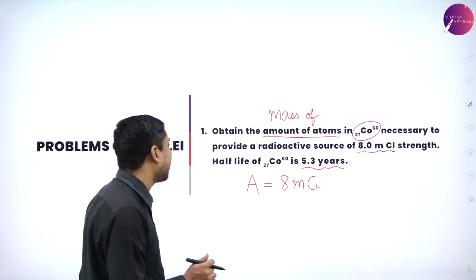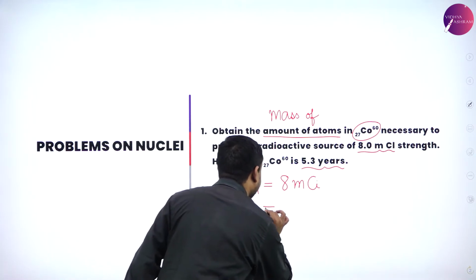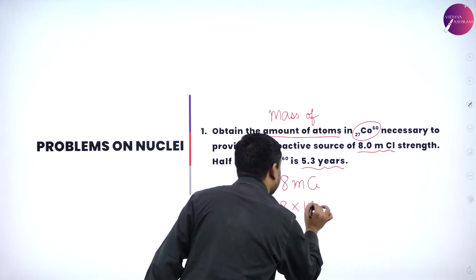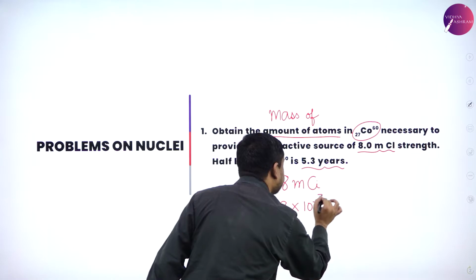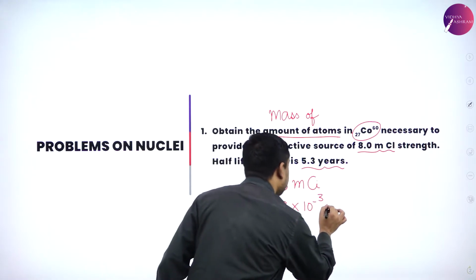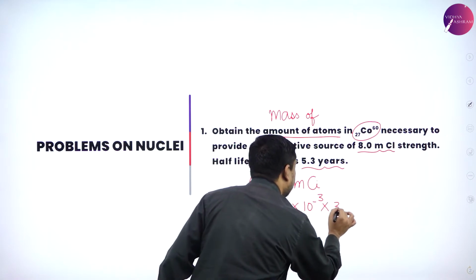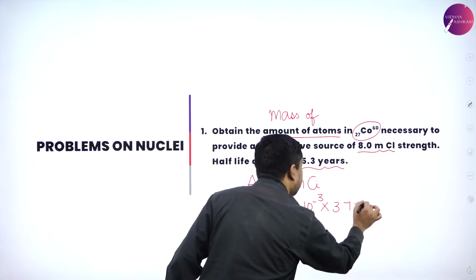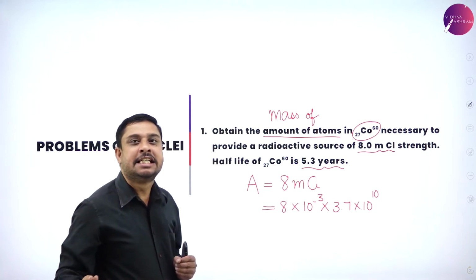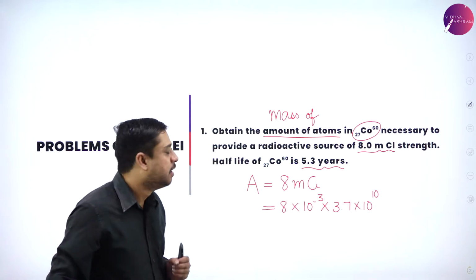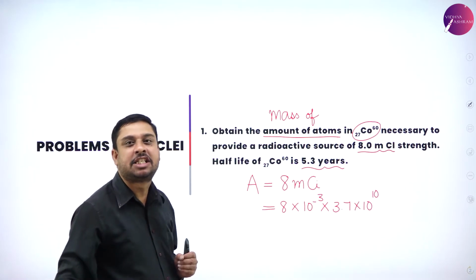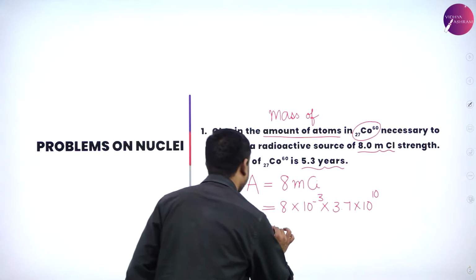Disintegrations per second. So this is 8 into 10 power minus 3, milli being the prefix, into 3.7. 1 Curie is 3.7 into 10 power 10 disintegrations per second.